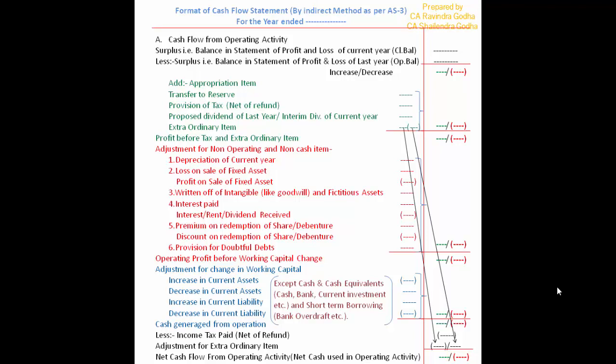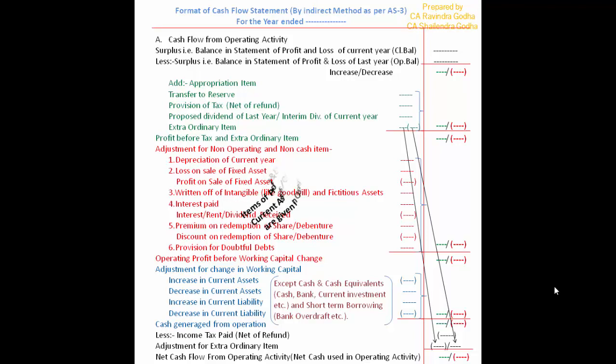The format of this activity is very big, but in the question all items are not given, so you have to remember all the items and use them one by one so that you don't miss any item.